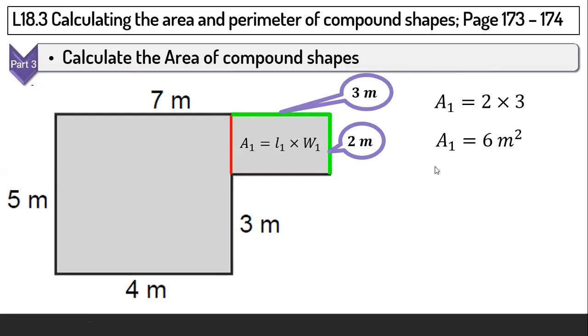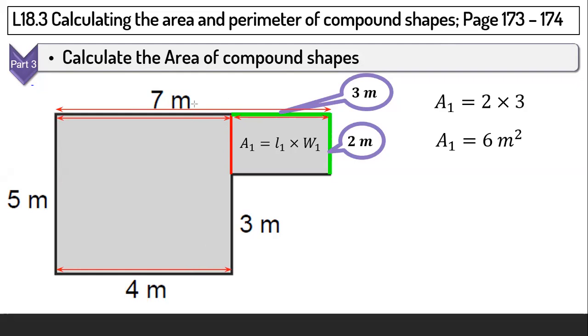Before I continue to the next one, I just want to explain how he knew it. You do know that the total line here, from here till here, is 7. And this piece is 4, which means the opposite side will also be 4. So how will I find this small piece?